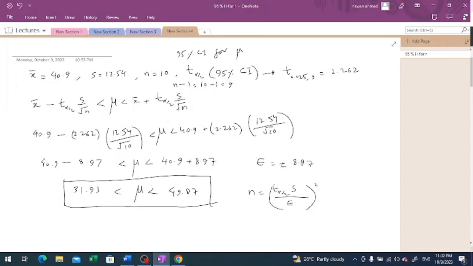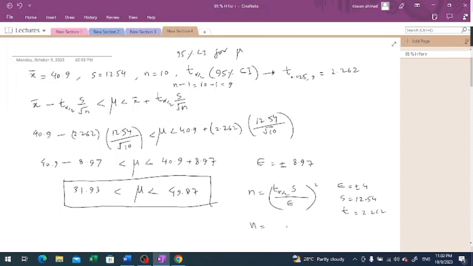Now, if the margin of error we would like to reduce to 4, so the new margin of error is 4. We assume the sample standard deviation to be same, and we are using the same standard deviation of 12.54 and same t value for 95% CI.